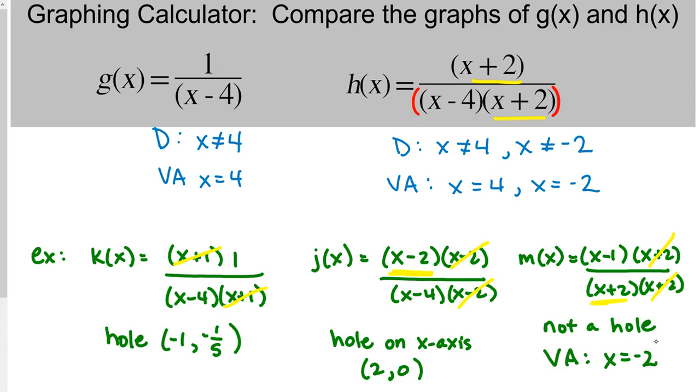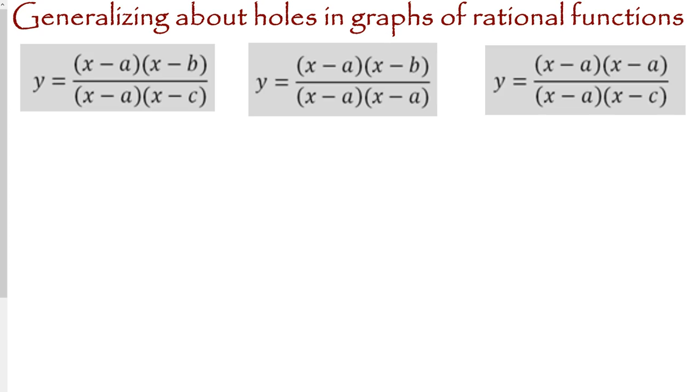So we can summarize in general. Here we see an example where we have x minus a on the top and the bottom. Those cancel, leaving you with no more x minus a's. So there would be a hole at x equals a. And you would find the y-coordinate by putting that number into the reduced version of your function.